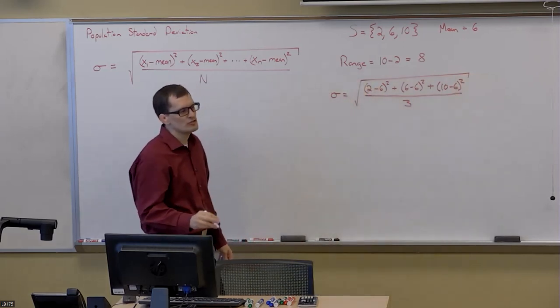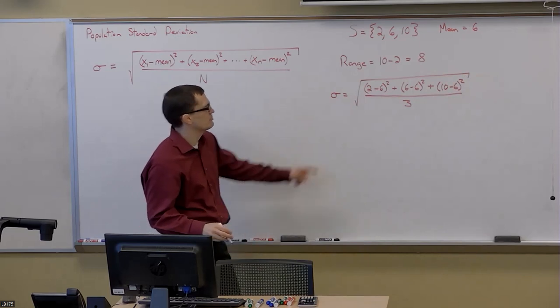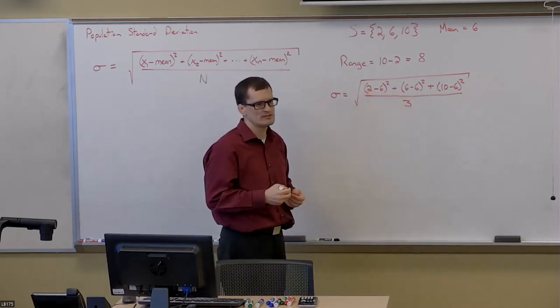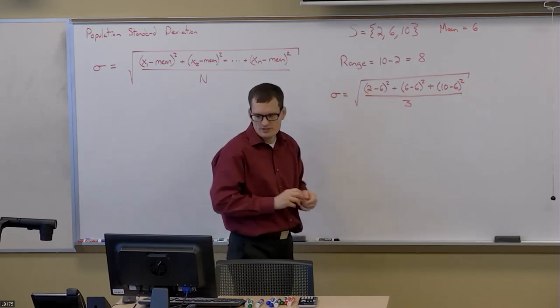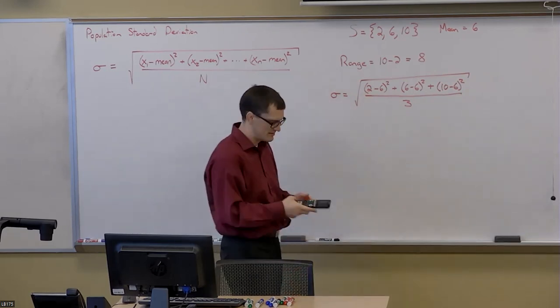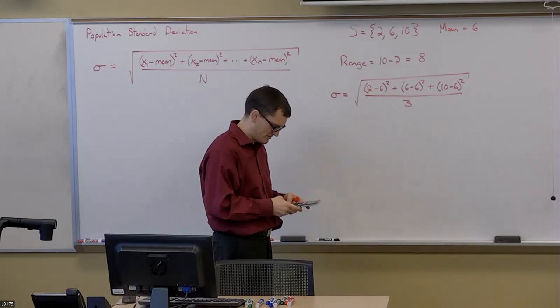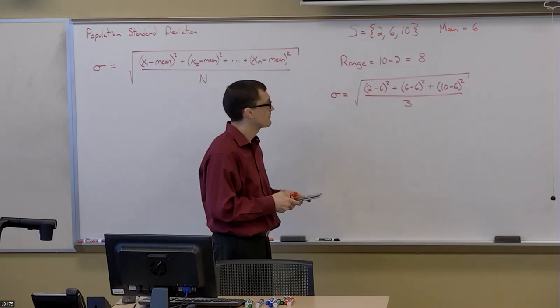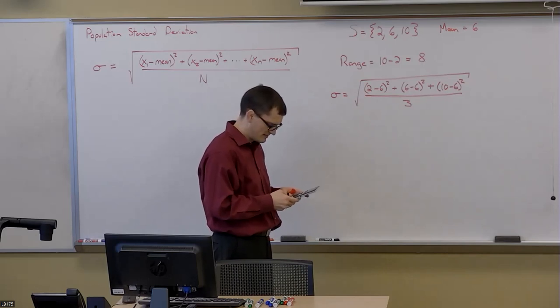What I usually do is just put the numerator in my calculator first. I write 2 minus 6 in parentheses, squared, plus 6 minus 6 squared, plus 10 minus 6 squared.